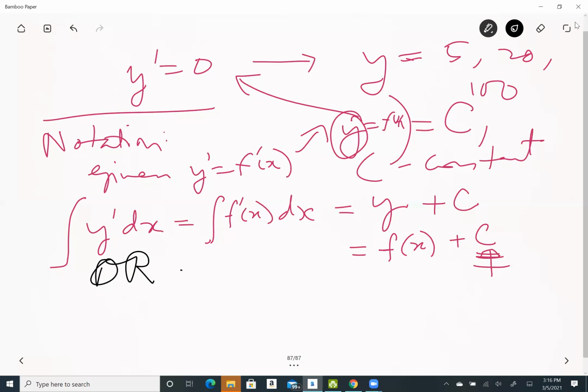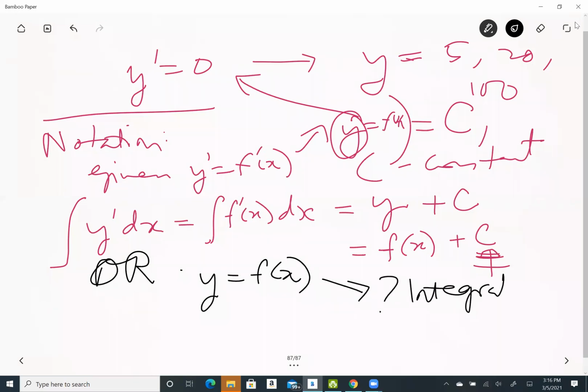Or instead of using it as antiderivative, but the idea is still antiderivative. Sometimes you don't have y prime. You have a function y. Okay, let's say you start with y as a function of x. You must find the integral of this function. Integrate y. So you have the idea from there. Same thing. So what you do, I integrate y dx, which is equal to the integral of f of x dx.